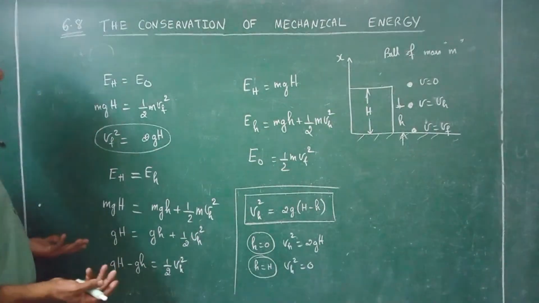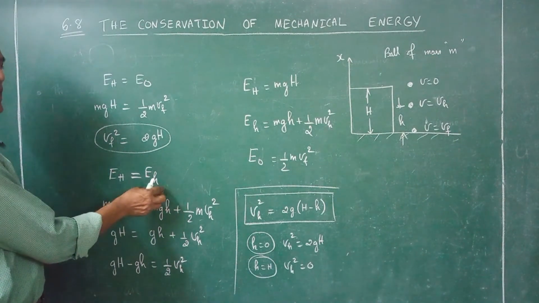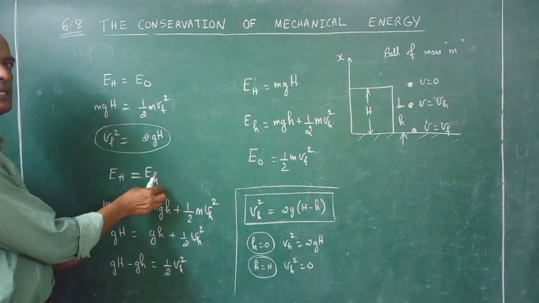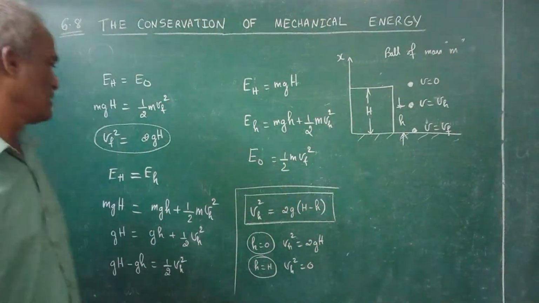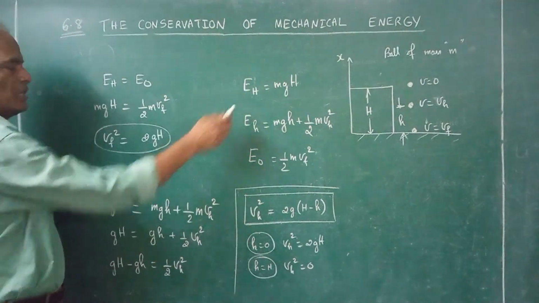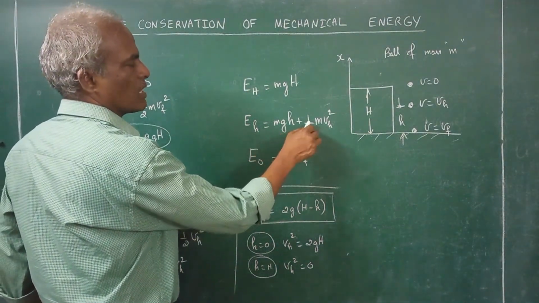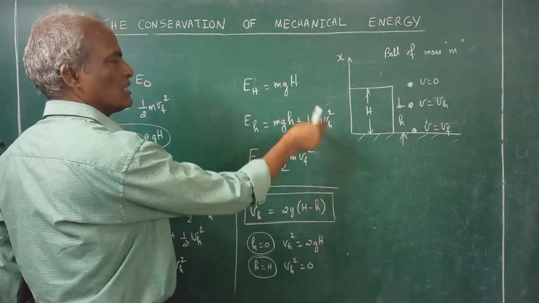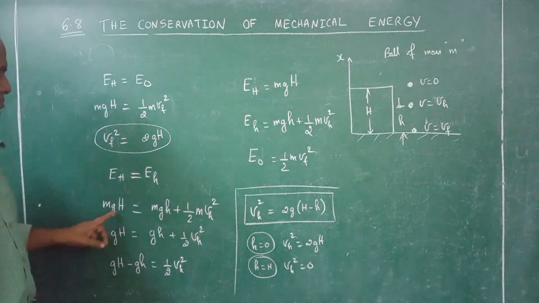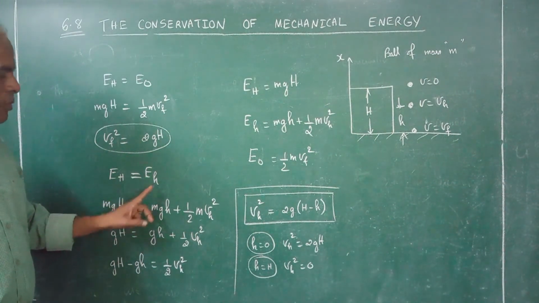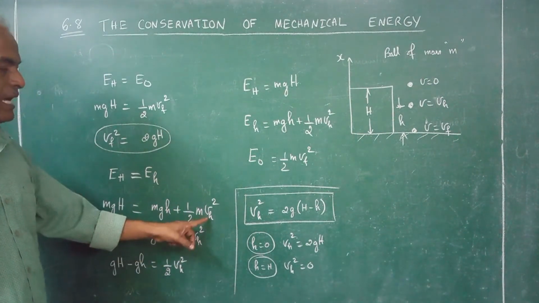Now we arbitrarily take energy at capital H, and then we equate it to energy at some arbitrary point with a height small h. EH we already have, mgH, and E small h is mgh plus half mv square. This has both potential energy as well as kinetic energy. Both we are equating now: mgH is equal to mgh plus half mv square at height h.